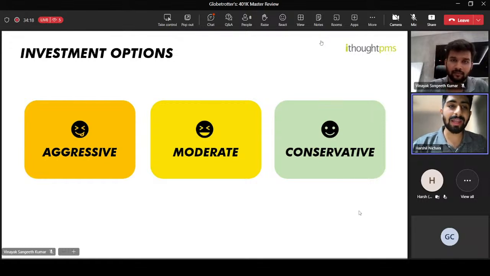That's where it becomes extremely confusing for you as a saver in the US. You don't know what to do, but because this option is available to you, you have to start parking your money here, and you don't know whether your money is actually going to make money for you going forward. So you are basketed in aggressive, moderate, and conservative, and you are taking that call of saying, I am an aggressive investor, so I'm going to start doing this.